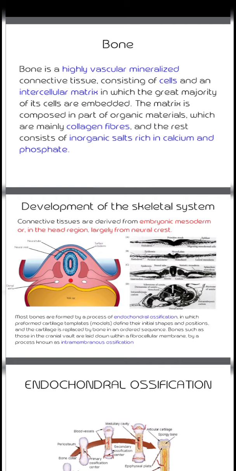Okay, so the matrix of the bone is composed in part of organic materials, mainly type 1 collagen, and inorganic salts such as calcium and phosphate, as I explained to you earlier. So the major components of the intercellular matrix are type 1 collagen, calcium and phosphate.